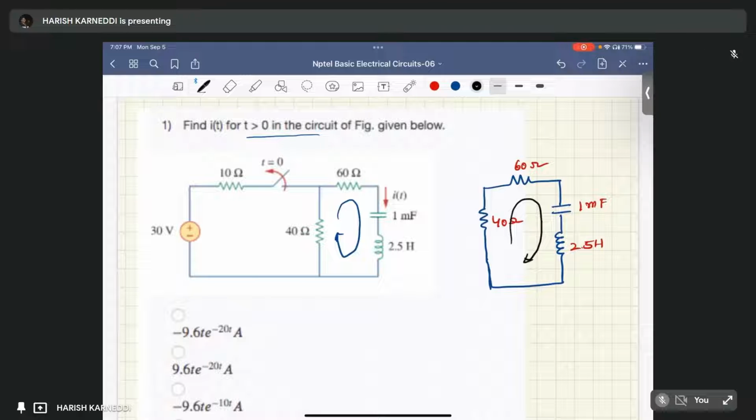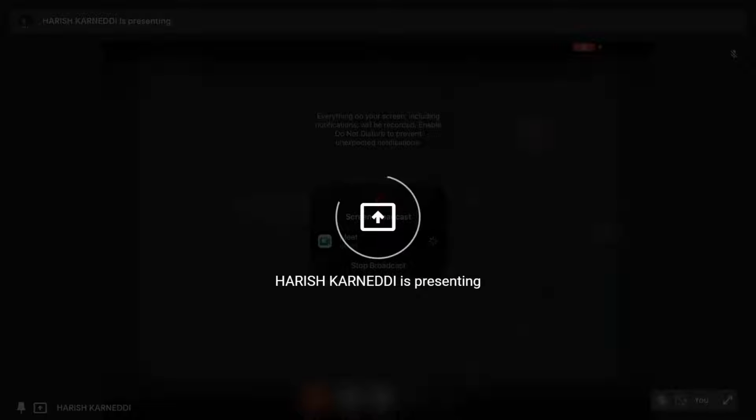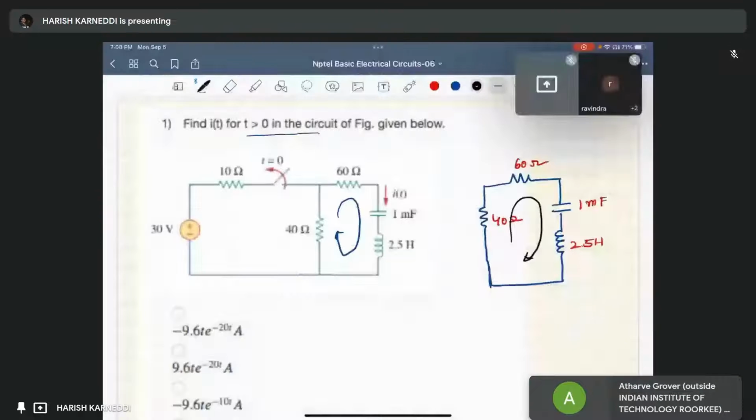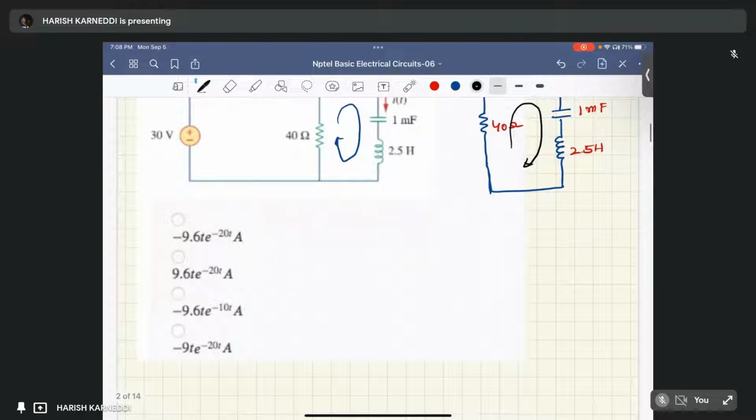We need to find out the current through this. What is the behavior, the steady state behavior of the inductor and capacitor?